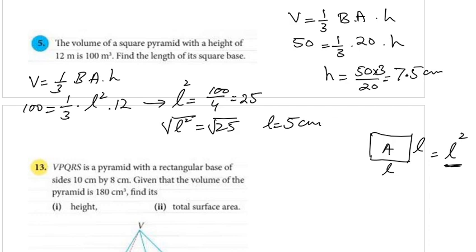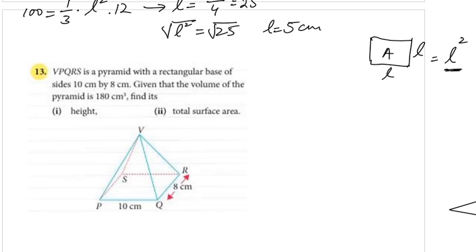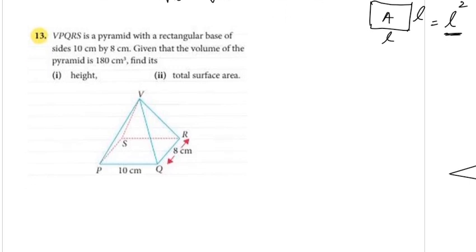So these are easy questions, but in question number 13, you can see VPQRS is a pyramid with a rectangular base of side 10 centimeters by 8 centimeters. Given the volume of the pyramid is 180 centimeters cube, find its height. So before starting, in the second part we need to find the total surface area.